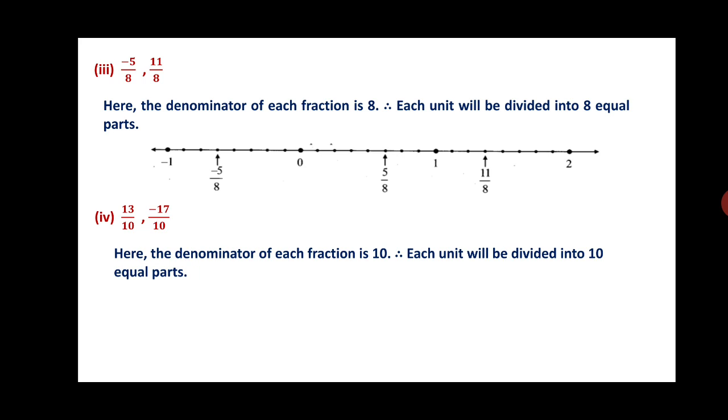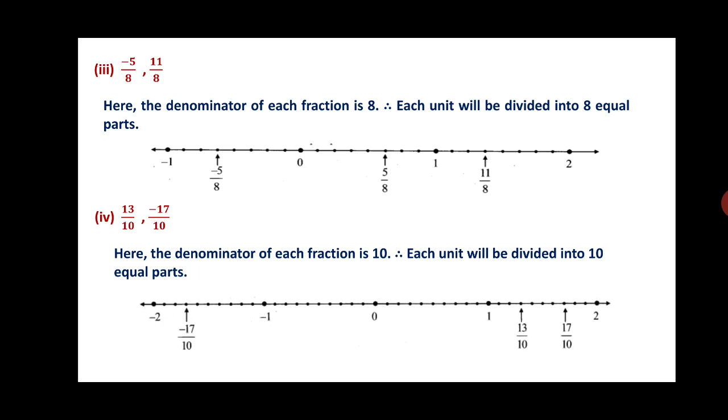Here the denominator of each fraction is 10. Therefore, each unit will be divided into 10 equal parts. Friends, here 13 upon 10 is positive. Therefore, it is lying on the right side of the 0, between 1 and 2. The third part out of the 10 equal parts after 1 is 13 upon 10. You can see in the figure.